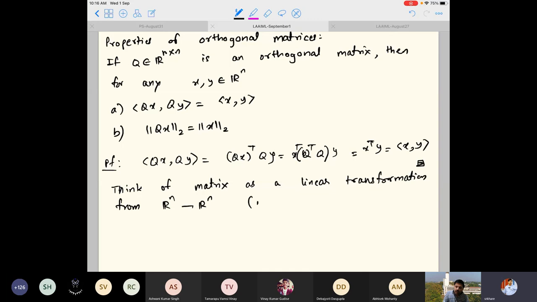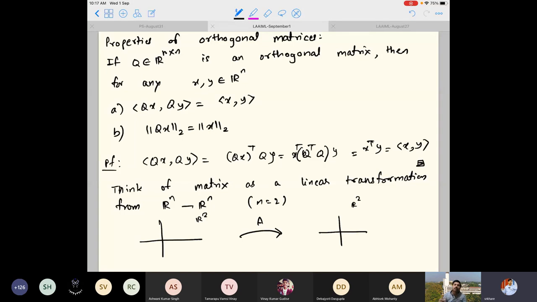In particular, take n equal to 2. Then this is R2, and I have a linear transformation, suppose by a matrix A, mapping R2 to R2, correct? Because it's a linear transformation, it's enough to see how it affects the basis, and then the entire linear transformation is understood.